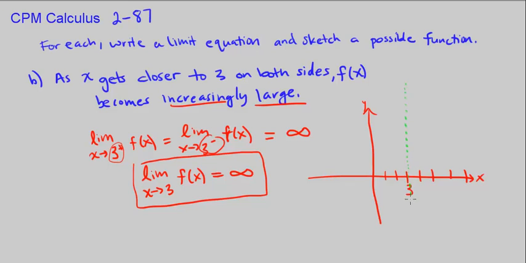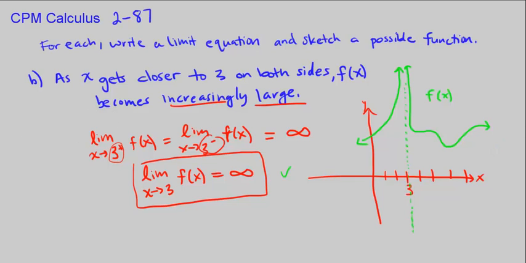If we approach from the left, we're going up to infinity as we approach 3, and from the right we're also going up to infinity. We could go anything elsewhere, but once we get to 3, we approach infinity again. This is one possible example of f of x. So this is the limit equation, and here's a possible sketch.